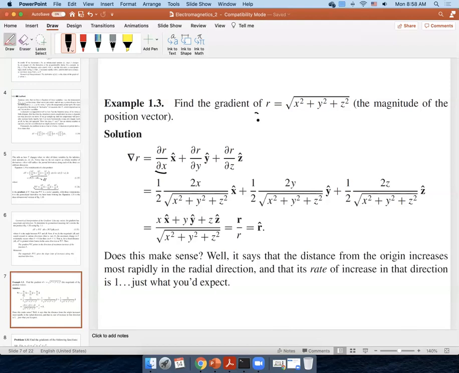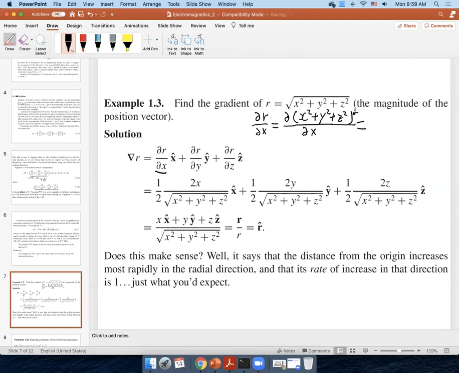Let's calculate partial r over partial x. r is the square root of x squared plus y squared plus z squared, differentiated with respect to x.